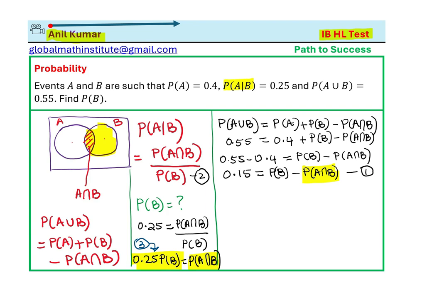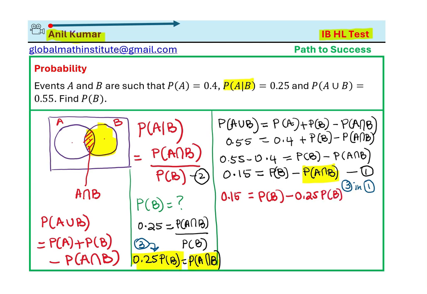Substituting 3 in 1, we get 0.15 equals probability of B minus, instead of the intersection, I'm writing 0.25 times probability of B. Makes sense?